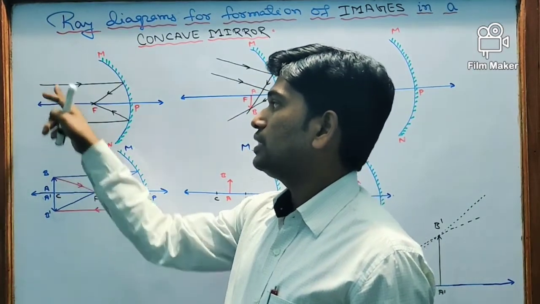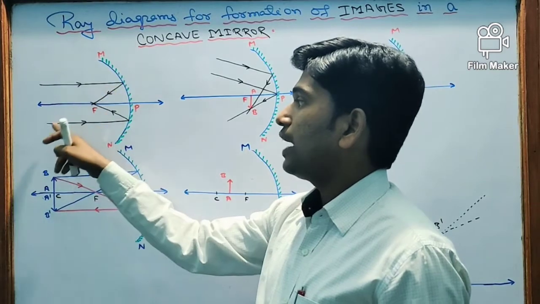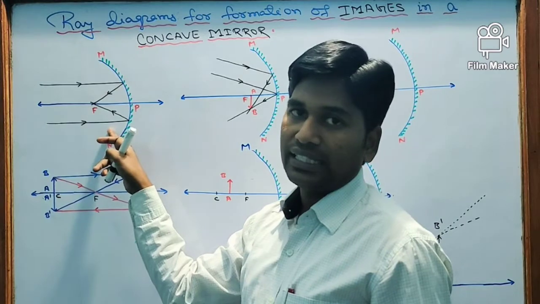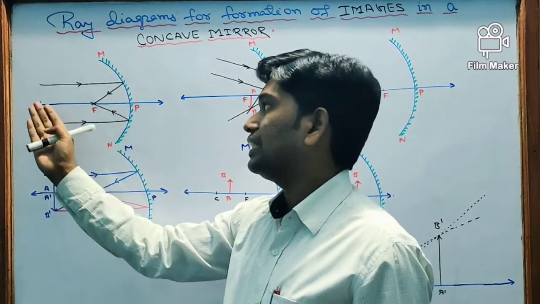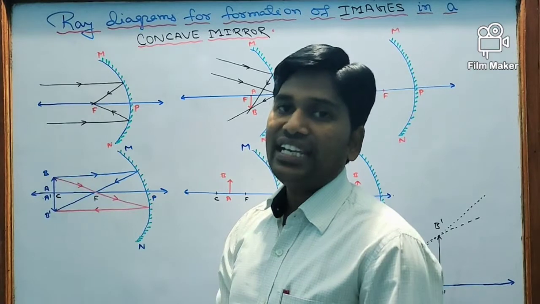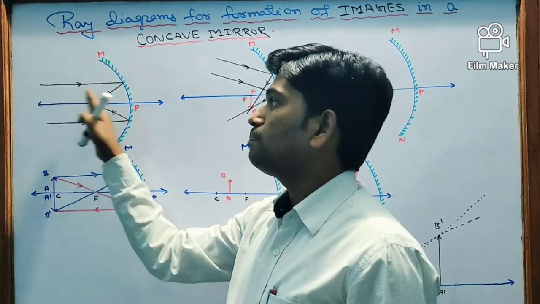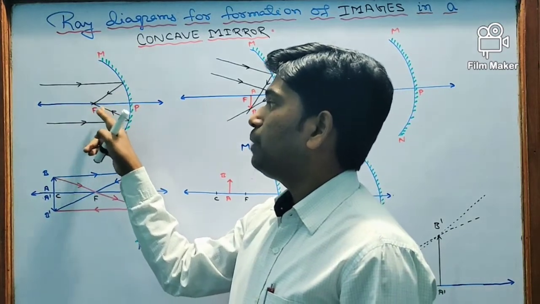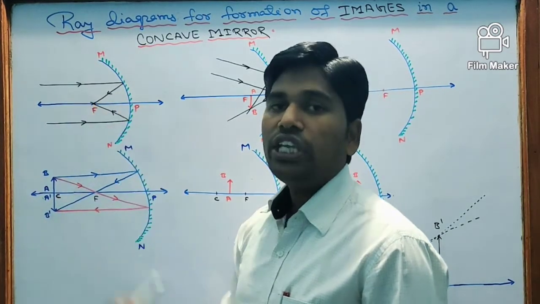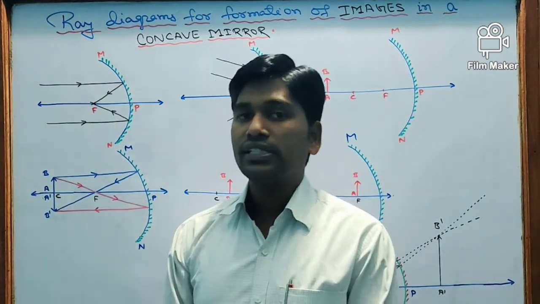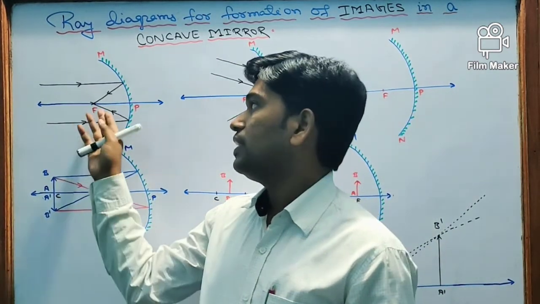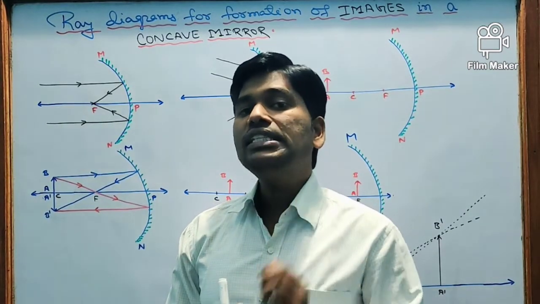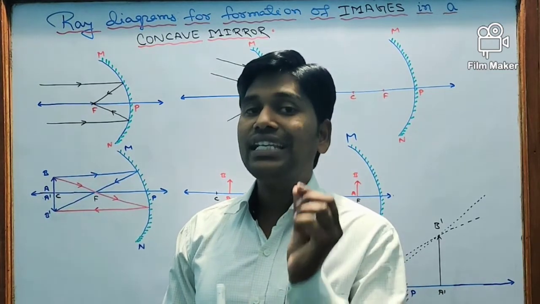Two rays we have considered, they are coming parallel to the principal axis. After reflection, they pass through the focus. So the image is formed at the focus and the size of the image will be very small. It will be a point size image.